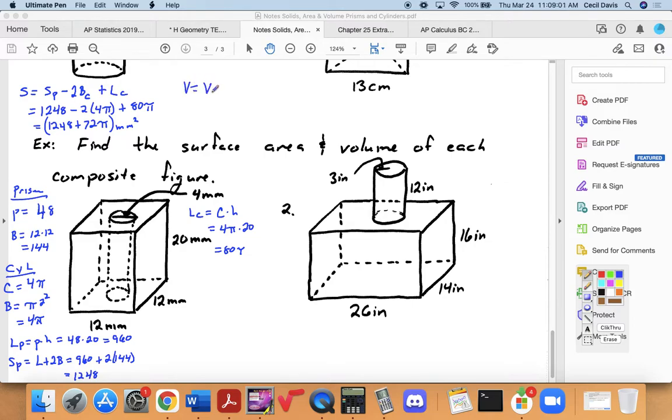Okay, so the volume is going to be the volume of the prism minus the volume of the cylinder, because we've drilled a hole. All that material is now gone. The volume of the prism is area of the base times the height. It's 144 times 20, which is 2,880.